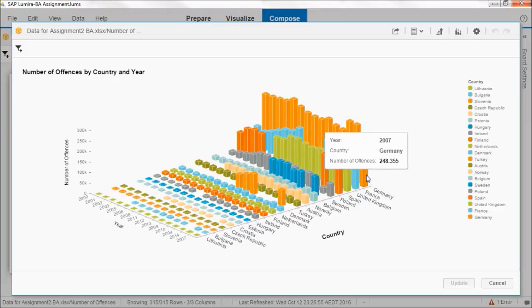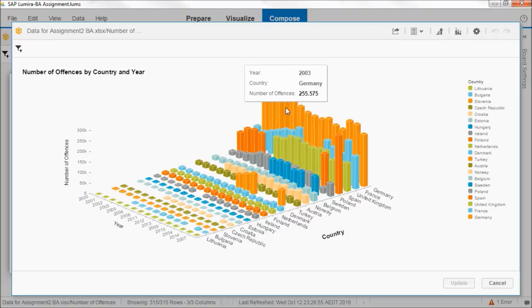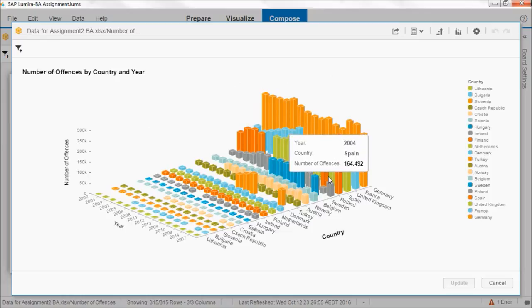The numbers in Germany are extremely high in comparison with some other countries. However, from 2004 to 2007, Spain had a big leap in the number of offenses and reached numbers as high as Germany's. The country with the lowest number of offenses is Lithuania.